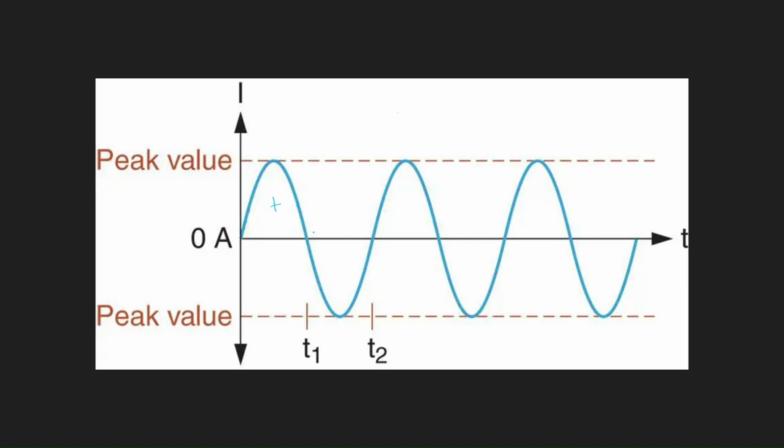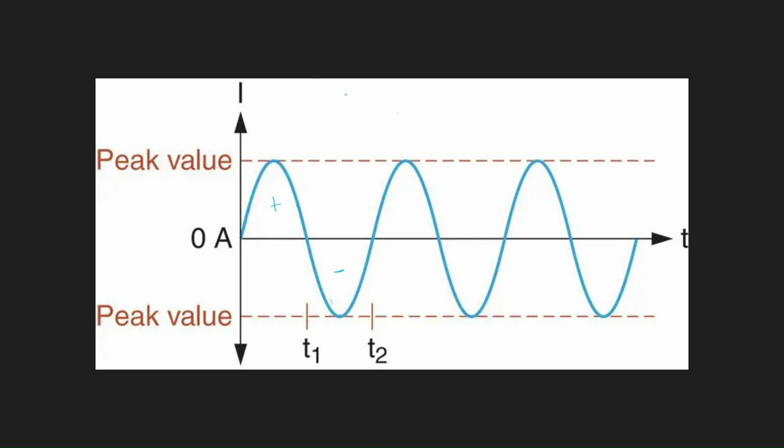Now it increases in the opposite direction and then decreases and goes back to 0 to complete the negative cycle. One positive half cycle and one negative half cycle are considered as one cycle.